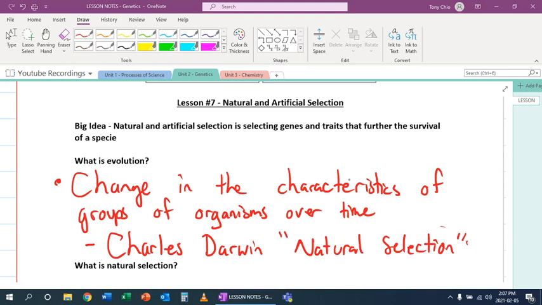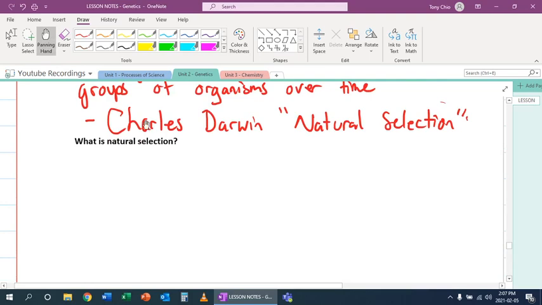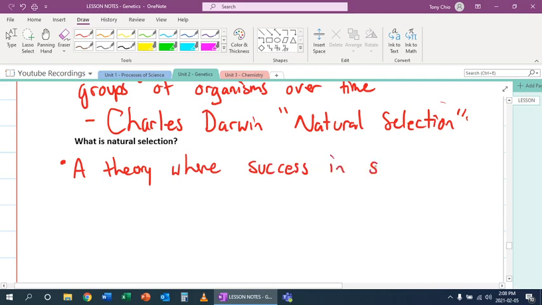Now, what is natural selection? It's a theory. A big thing is that a theory is basically an idea that has been experimented on and supported by evidence. But it is a theory where success in survival and reproduction, so the species can't just survive, it needs to be able to reproduce and pass that gene off.